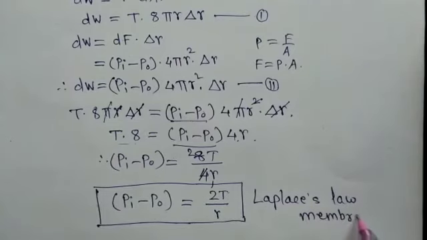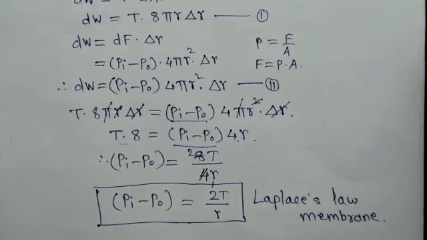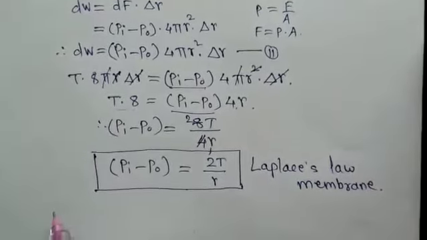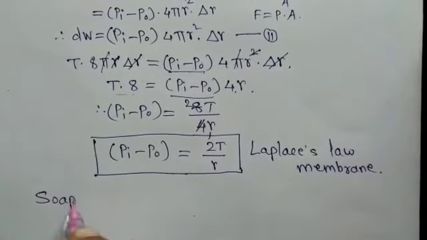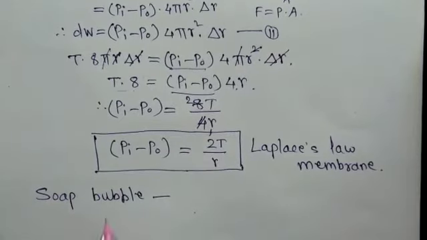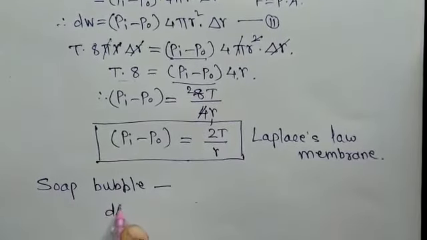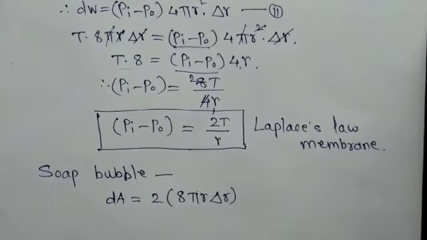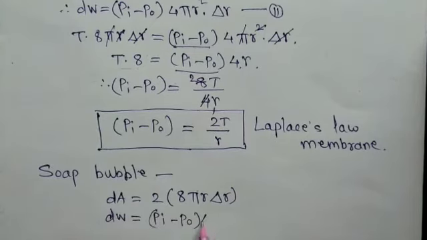Now in case of a bubble of liquid, a drop of a liquid or a gas bubble, only one surface is there. Now if we consider a soap bubble, there are two faces and therefore dA becomes double, 2 into 8 pi r delta r, and dW is equal to the same (Pi minus P0) into 4 pi r square delta r.